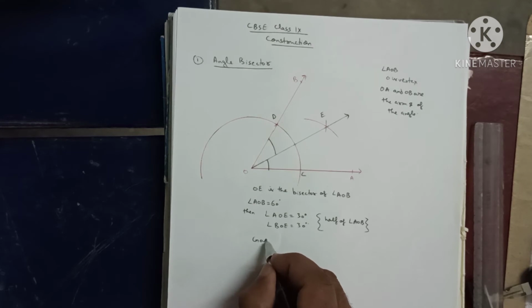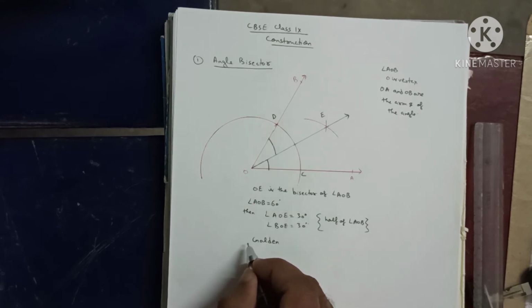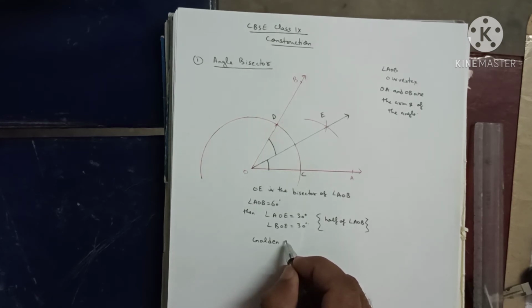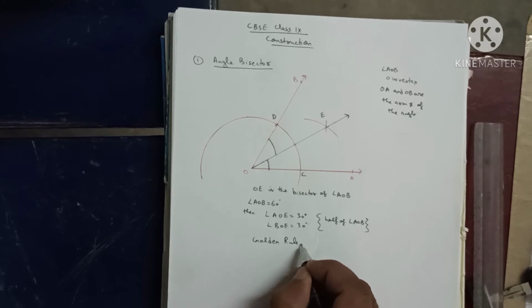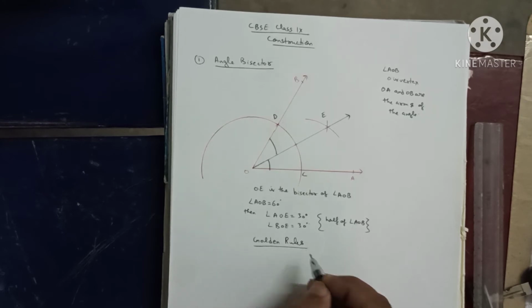One more important thing is that you have to keep in mind two golden rules when you are drawing the bisector of angles.